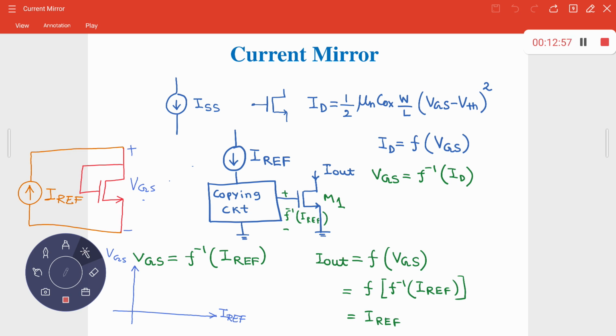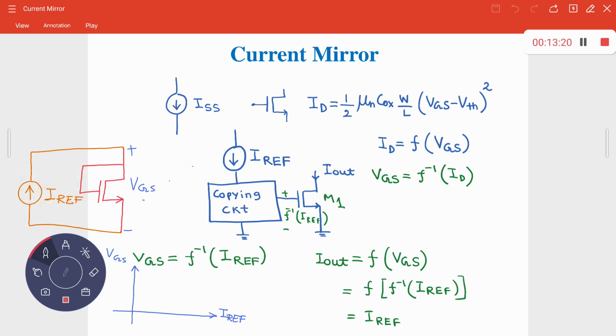How does it look like? When IREF is exactly equal to 0, what will be the VGS? That is exactly equal to VTH. When IREF is just greater than 0, this gate source voltage is equal to the threshold voltage, right?